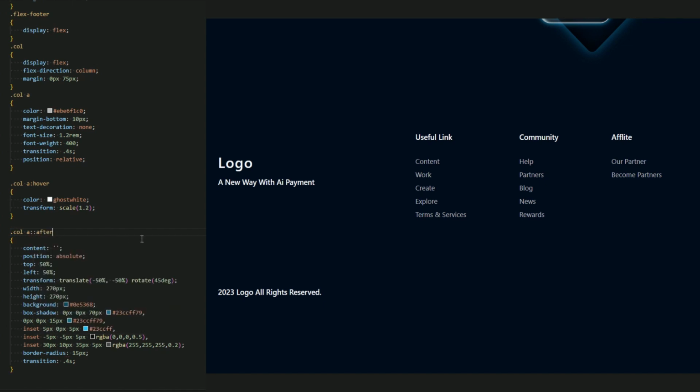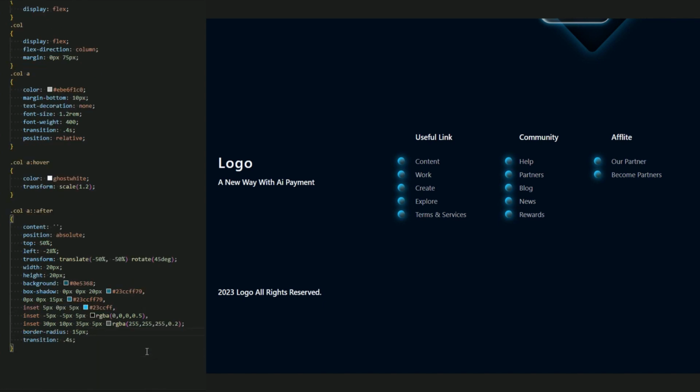Okay, now change the left to minus 28%, and for the width and the height 20 pixels. Be a little small circle. And the box shadow, let me change the setting. Yes, everything is good.